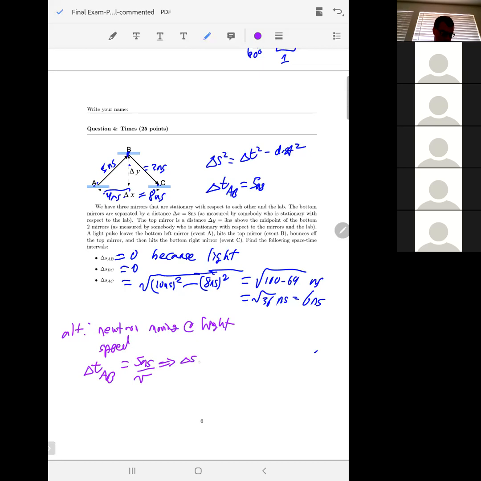So delta SAB would be the square root of 5 nanoseconds over V squared minus 5 nanoseconds squared, because it's always time squared minus distance squared. So that's going to be 5 nanoseconds square root of 1 over V squared minus 1. Questions? Thank you. Other questions?